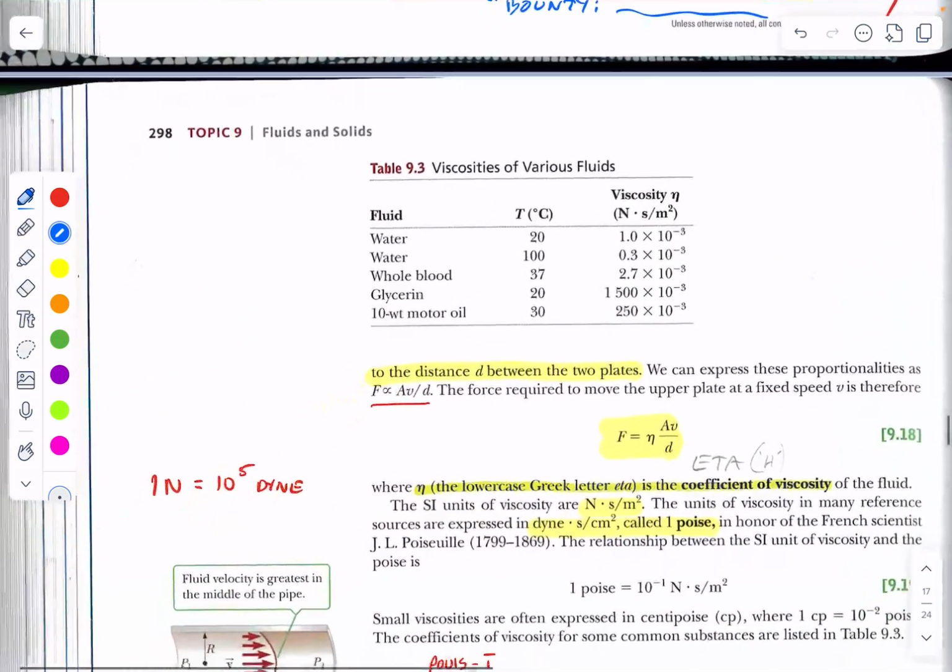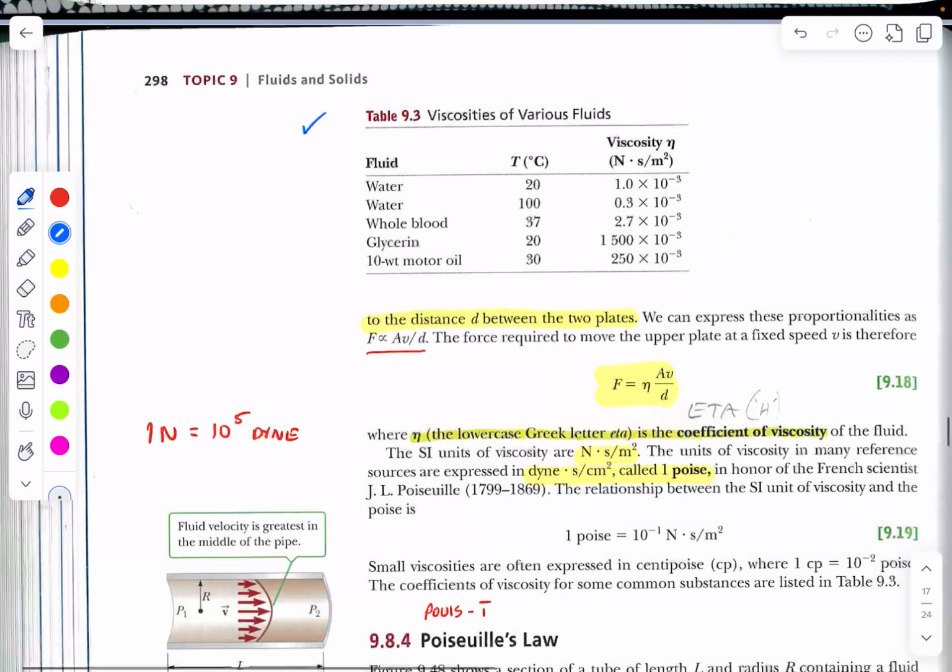And so when we come over here, here is a very small table showing you the viscosities of a few fluids. Glycerin is a nice thick liquid. Motor oil, which helps to lubricate the pistons moving up and down in cylinders. You can see that those values are very, very high, very, very thick, very, very gooey.